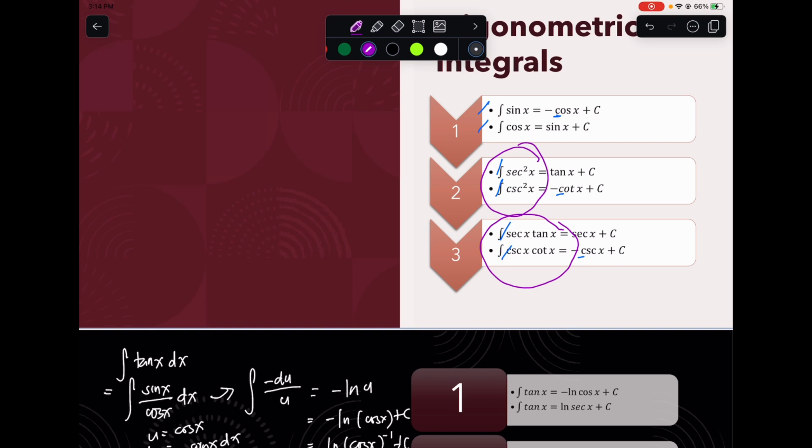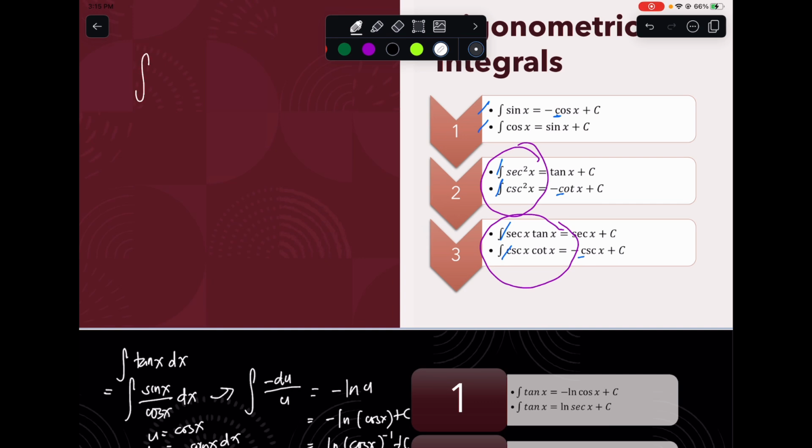We can only use these formulas as long as the integrand resembles any of the 10. If we are provided an integral which is not exactly the same as these 10, then that's the time that we need to use identities.